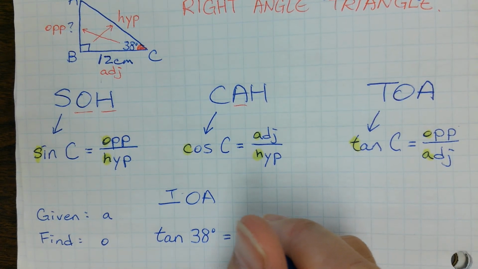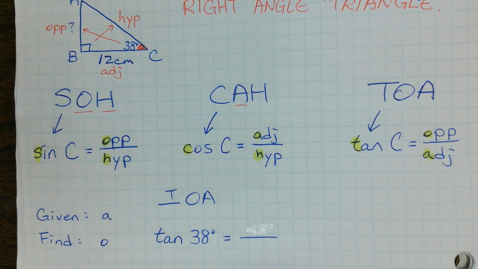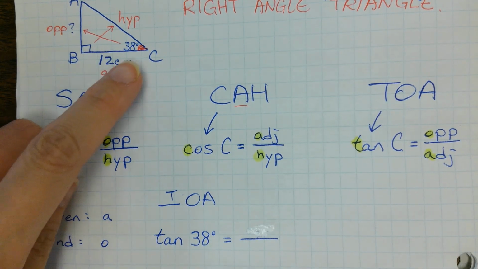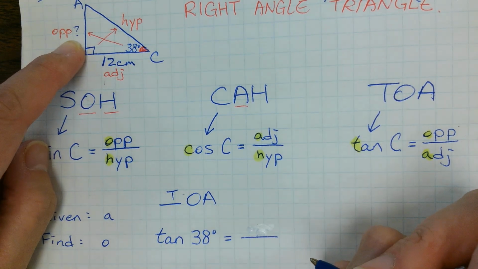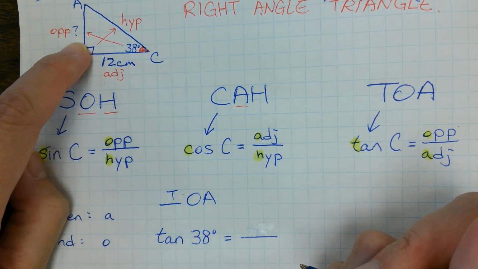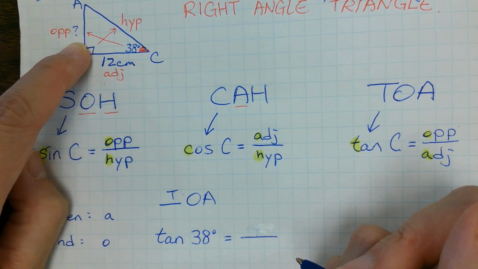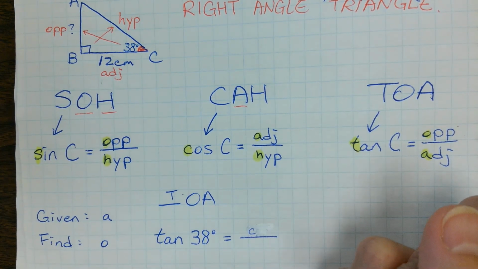Okay, I don't want to just call it X. Since this is the side opposite to angle C, what letter do we use to represent the opposite side? Lowercase c, perfect. So I'm going to write c.